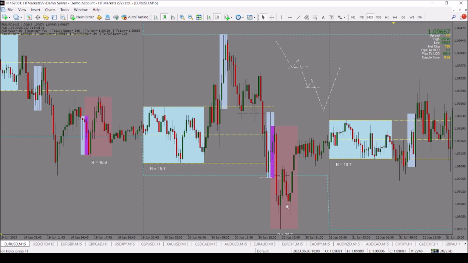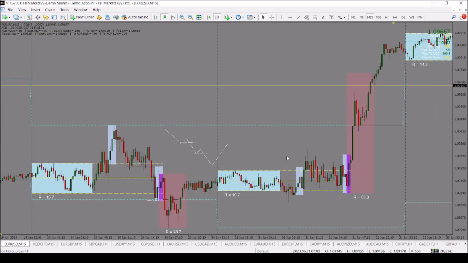In the US session, we had this candlestick reversal pattern, sort of a railroad track of the bodies of these candlesticks, and we had a reversal. You can see the market went in our direction. For us to fully understand and comprehend this concept, we need several examples, and that is what we are now going to do.